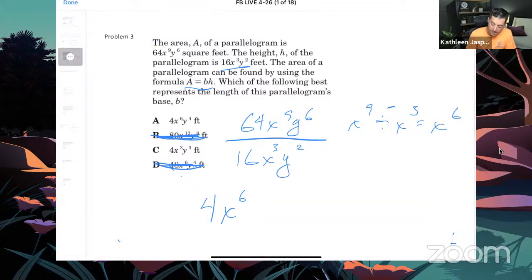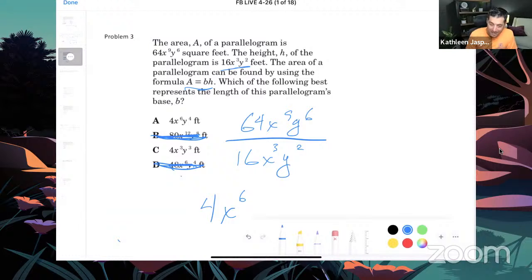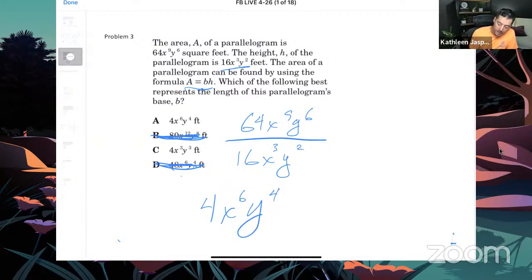I still get the same answer. And because it's positive, it stays on the top of the numerator. If it were a negative, it would stay at the bottom. So with this one, I've got y^6 over y^2, 6 on top, 2 on the bottom. That's just going to give me y^4, a positive 4. And that'll leave me with A as the correct answer.